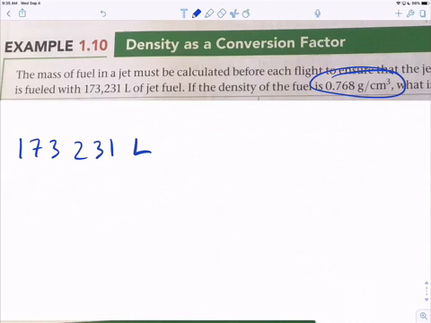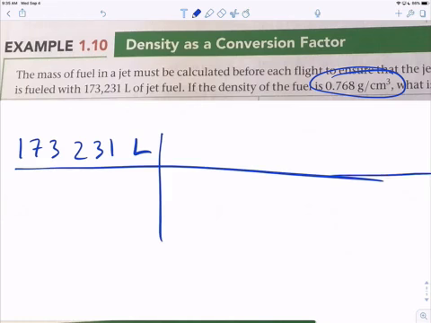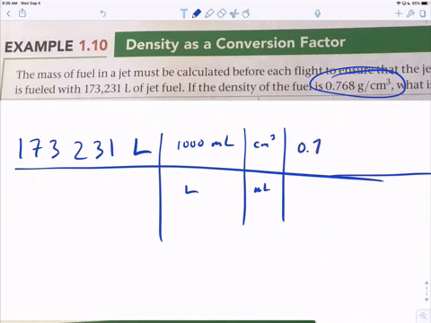So this is the way the book does it. It has 1,000 milliliters to a liter, then cubic centimeters to milliliter, then 0.768 grams per cubic centimeter.